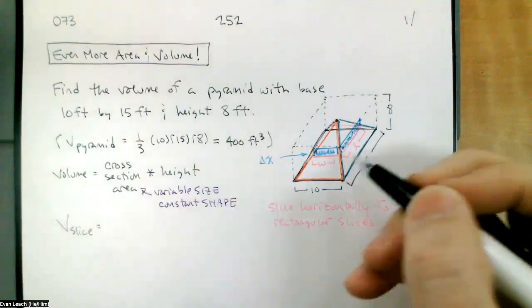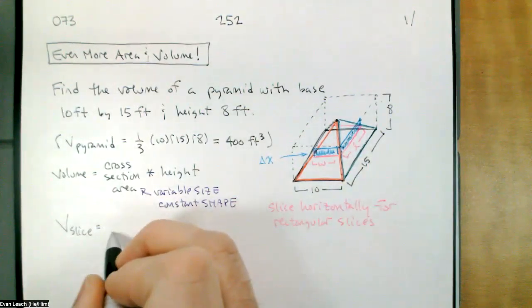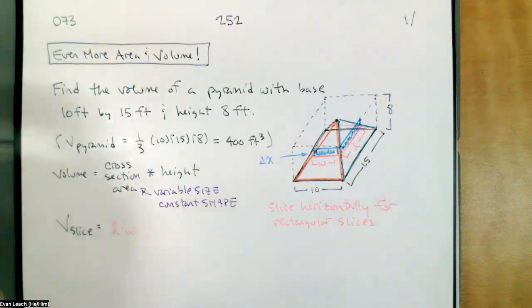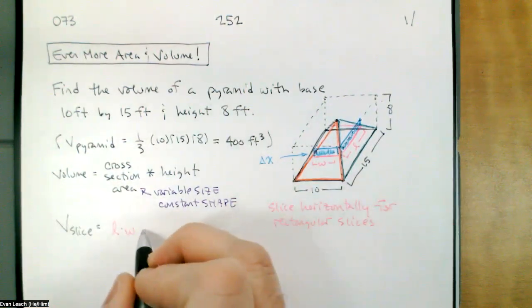So the cross-sectional area is length times width times the height, which is delta X.